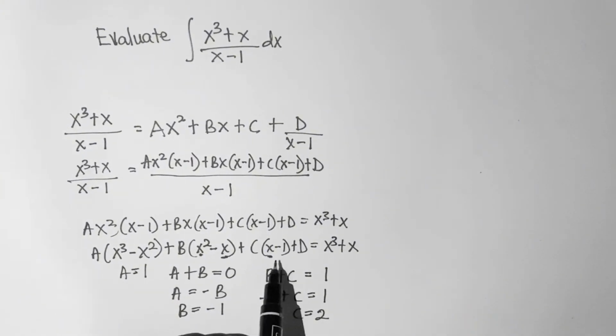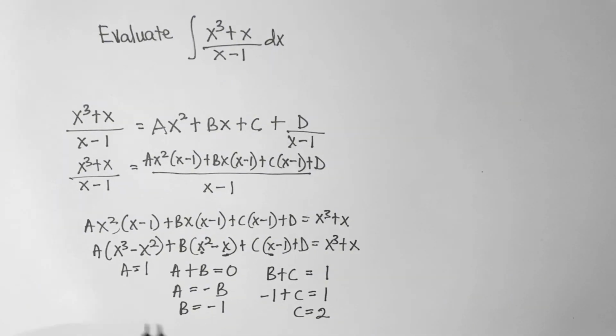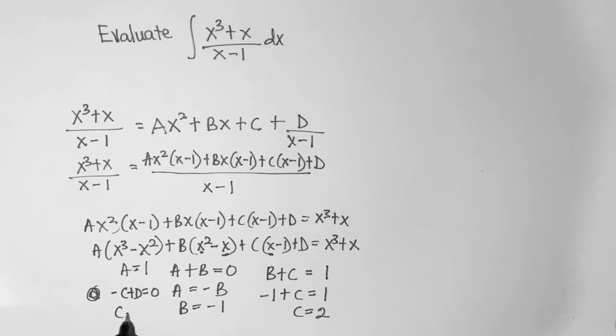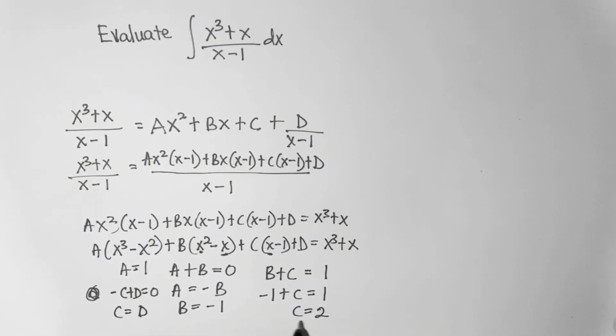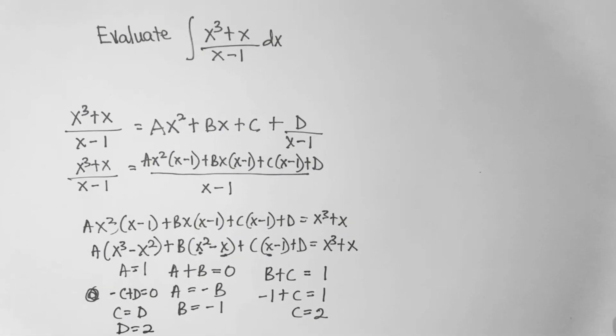Then there is no constant on the right, so minus c plus d is equal to 0. This implies that c is equal to d. So if c is 2, then d is also equal to 2.